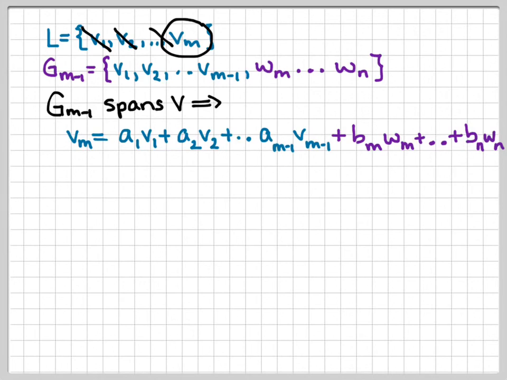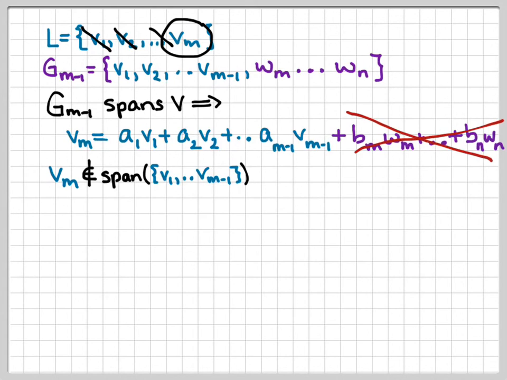Well, Vm is not in the span of V1 to Vm-1 because L is linearly independent. If all of these were 0, then Vm would be in the span of these, and that would tell me L was not linearly independent. And so that can't happen. At least some of these purple ones have to be non-zero.